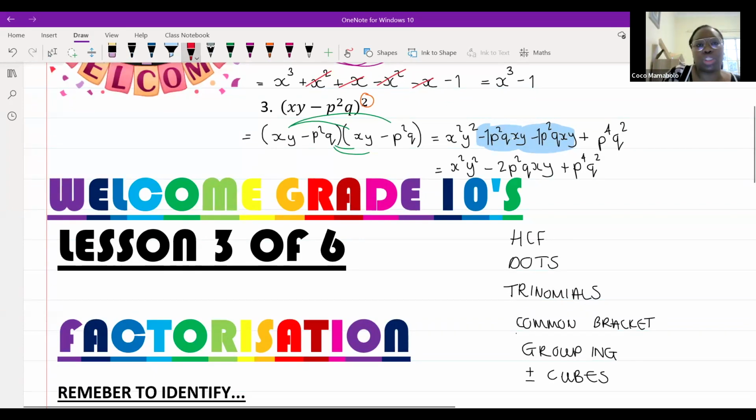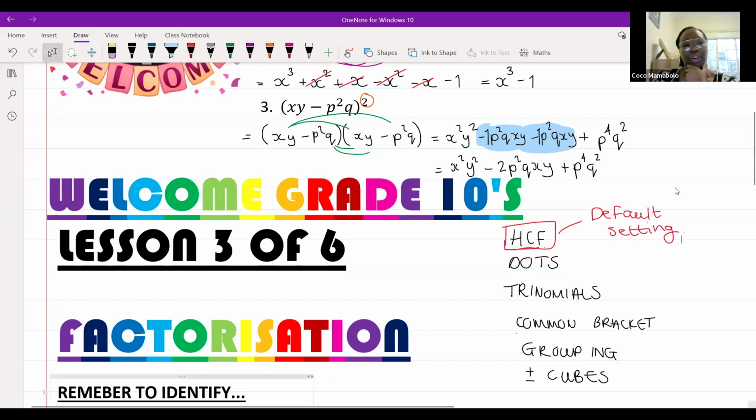Now, the one thing I want to highlight the most, and I'm going to keep asking this over and over and over again, grade 10s. This HCF is our default setting. Do you guys know what a default setting is? Think of a phone. Who's heard of a default setting on a phone?